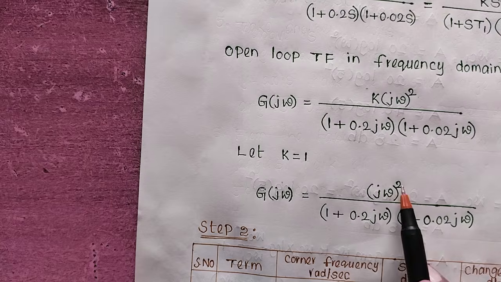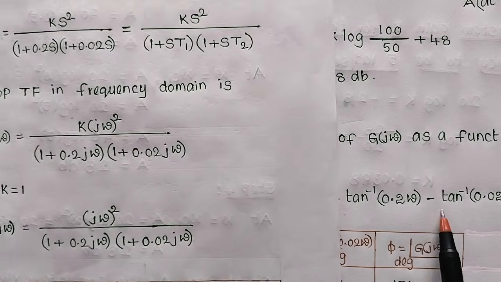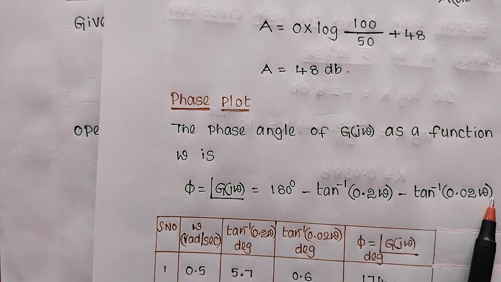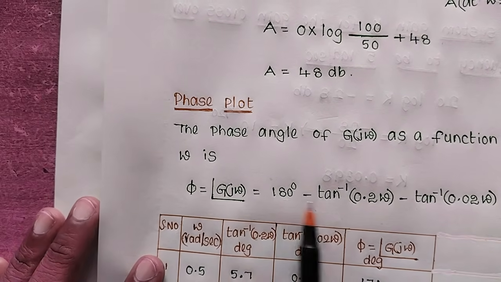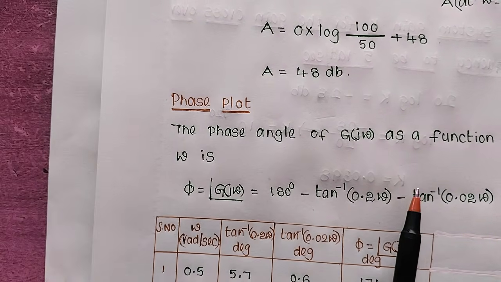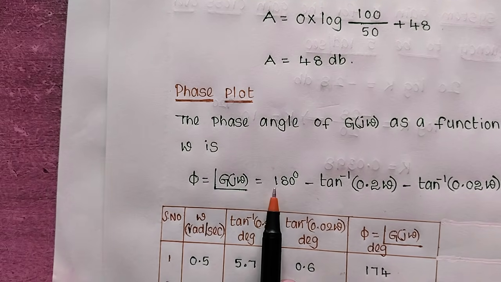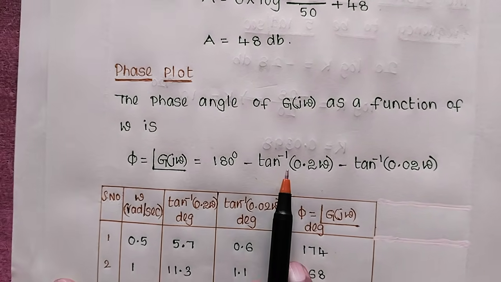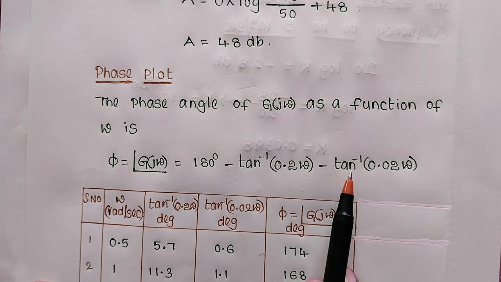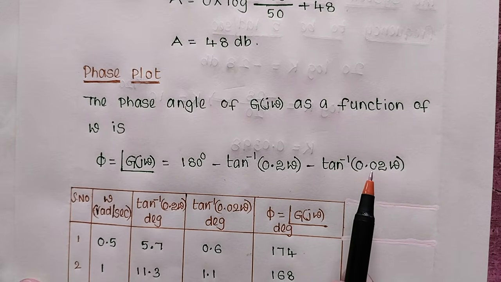If you take that to the numerator, it becomes again minus tan inverse 0.02 omega. So finally, the phase angle of the given transfer function in the omega domain is phi equals angle G of j omega equals 180 minus tan inverse 0.2 omega minus tan inverse 0.02 omega.